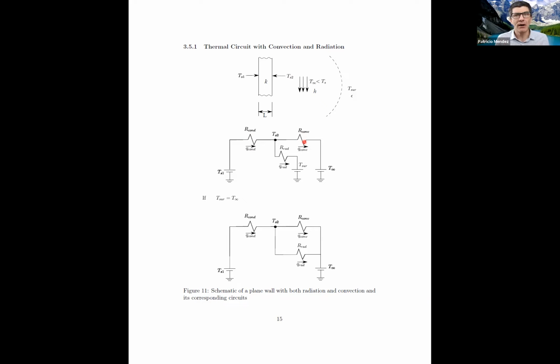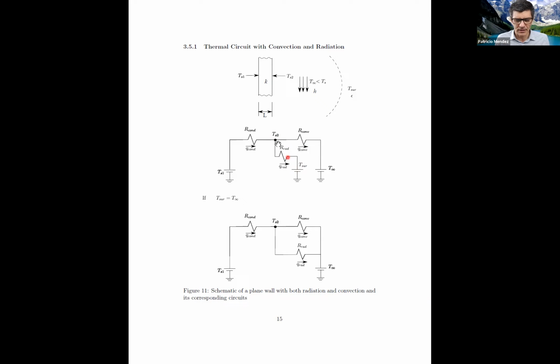So this is a parallel circuit now. It goes by convection and at the same time goes out by radiation. It's not exactly parallel because convection goes with T infinity, which is the temperature of the fluid far from the wall, and radiation depends on the difference with the temperature of the surroundings, which are not necessarily the same as the temperature of the fluid.